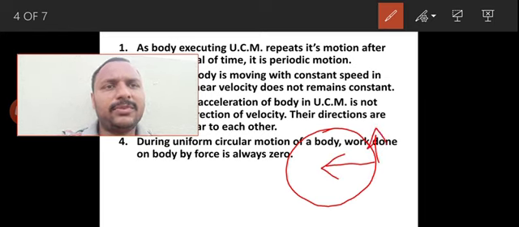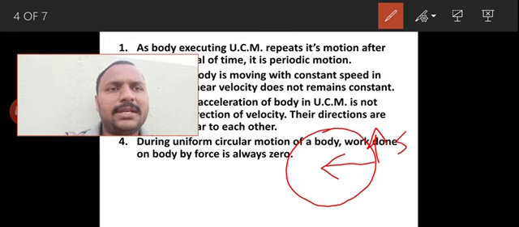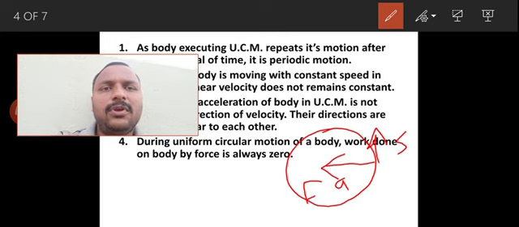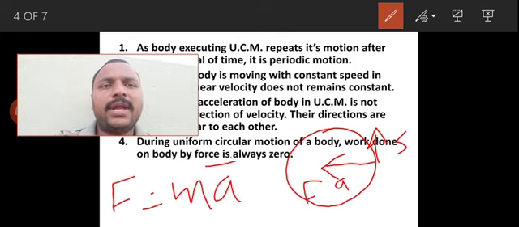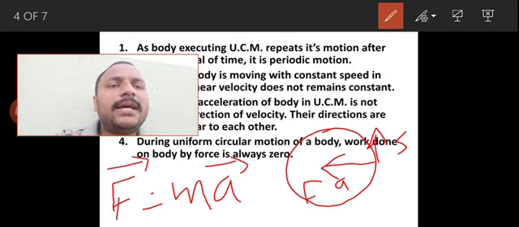This is the direction of the displacement and this is the direction of acceleration, which means that this is the direction of the force, because F is equal to ma and the direction of acceleration and the direction of the force are the same.